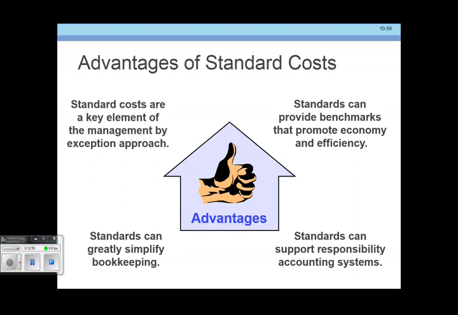Or is somebody on the production floor or in the purchasing department doing something that they can improve? I don't want to say it's necessarily wrong, but a spot where you can improve so you can perform better. They also provide benchmarks. Every company should know how much they should use, and it's important to have those benchmarks.